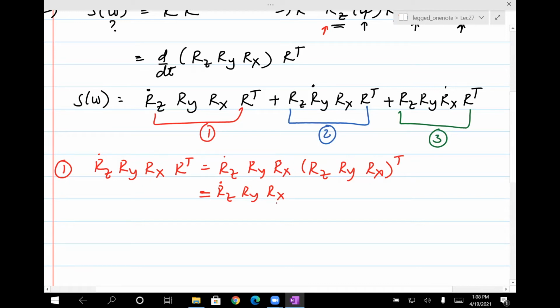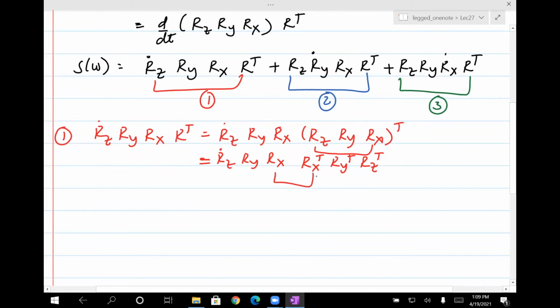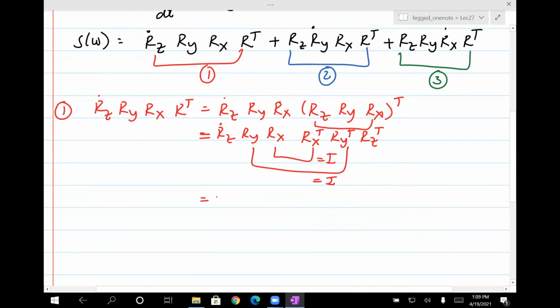If you want to extend that to three rotation matrices, or three matrices in general, then you need to reverse them and then take the transpose of individual ones. That will be RX transpose, RY transpose, RZ transpose. I flip them and then I take the transpose. Now we can see that RX times RX transpose is simply I, and once that becomes I, RY and RY transpose will be equal to I, and we'll be left with simply RZ dot RZ transpose.